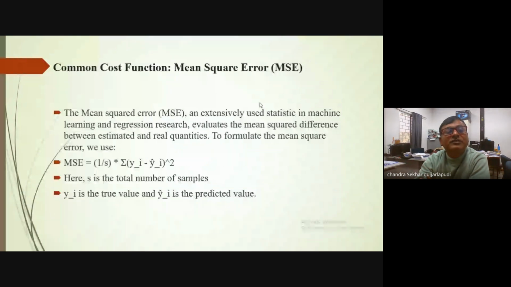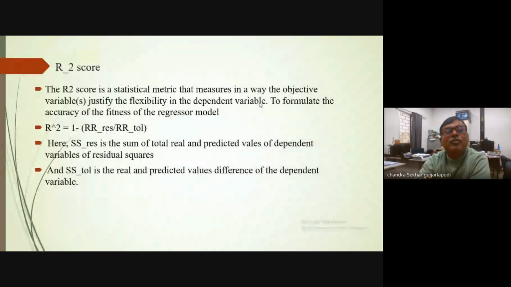Mean square error means the difference between your actual value and your predicted value, squared and summed, which gives you the mean square error value. Similarly we can have the R2 square value.